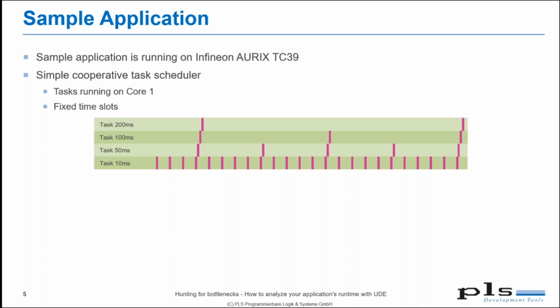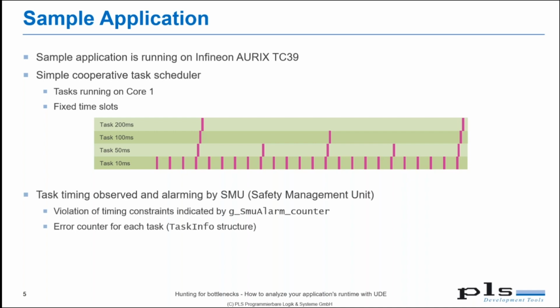The tasks that I have implemented are executed based on fixed time slots. So we have a 10 millisecond task, a 50 millisecond, a 100 millisecond, and a 200 millisecond task. The correct timing behavior, that is whether each task is executed periodically according to its assigned time slot, is observed by the checker function.